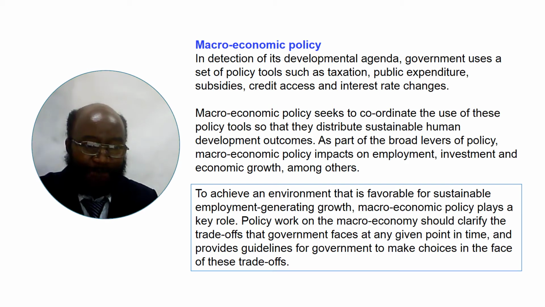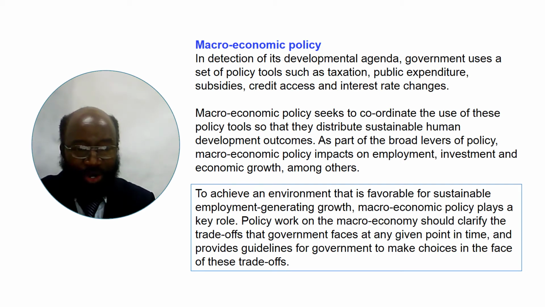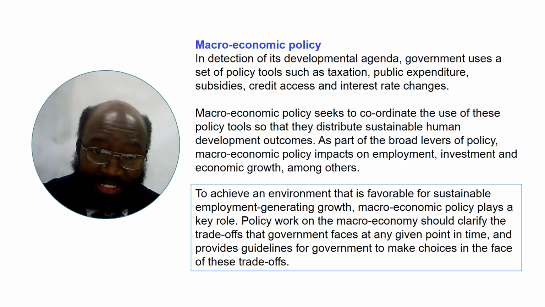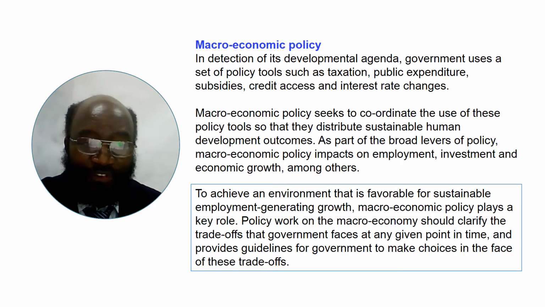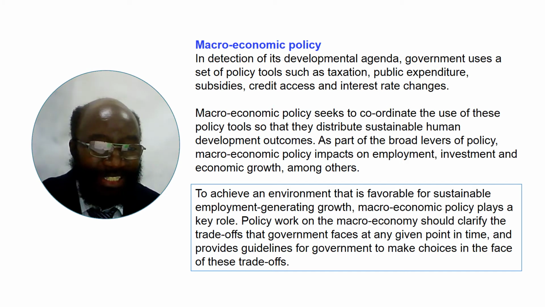Macroeconomic policy, in any cases anywhere around the world, macroeconomic policy seeks to coordinate the use of these policy tools so that they deliver sustainable human development outcomes.